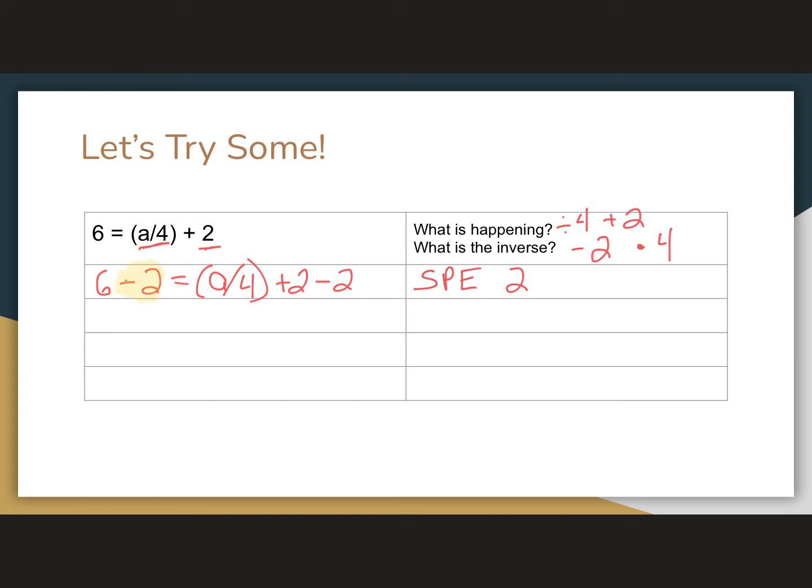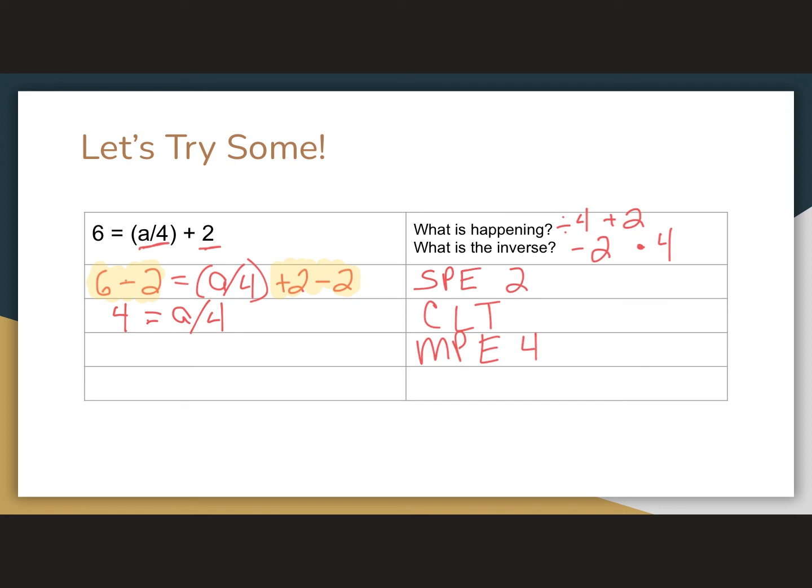I'm going to combine the 6 minus 2 and the plus 2 and minus 2. So 6 minus 2 gives me 4 equals, now I'm left over here with a divided by 4 when I combine my like terms. So that took care of my minus 2. Now I'm going to multiply both sides by 4, MPE 4.